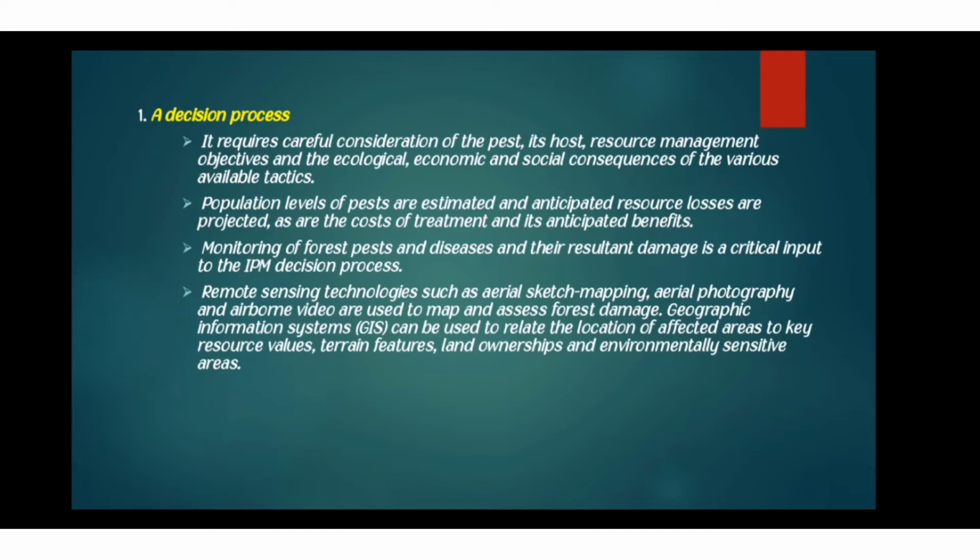So, to be able to detect and recognize pest damage in large and remote areas, using also GIS, or Geographic Information Systems, to create and analyze data to be collected, is used to relate location of affected areas to key resource values, terrain features, land ownerships, and environmentally sensitive areas.